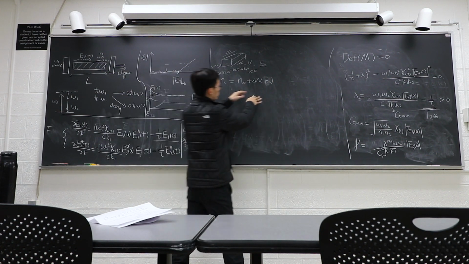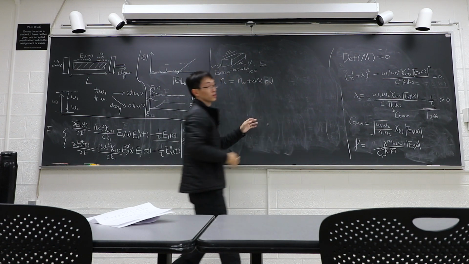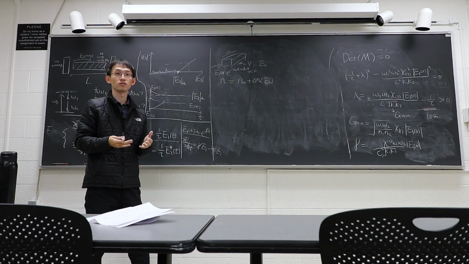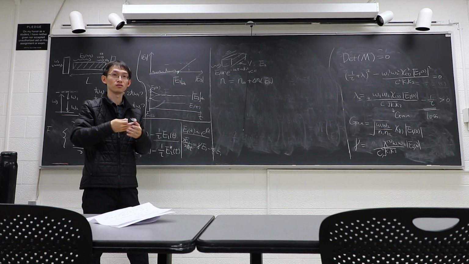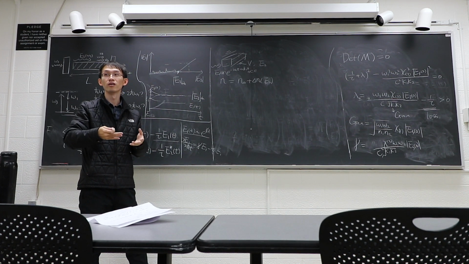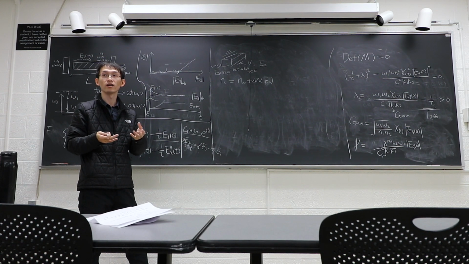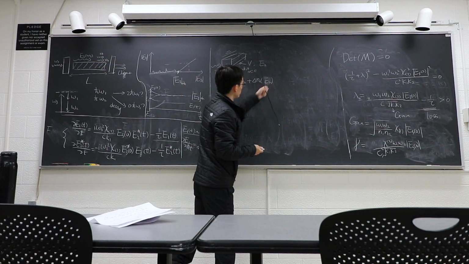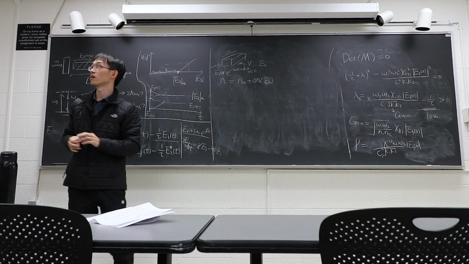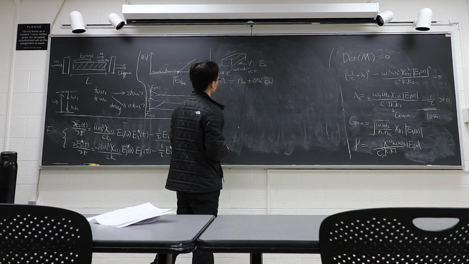So usually in theory you write down E2, but in experiment you write down volts, because when you buy a phase modulator, they tell you how many volts it takes to change the phase from 0 to pi, or pi to 2 pi. So we write down E2 here, but remember in reality you use voltage.